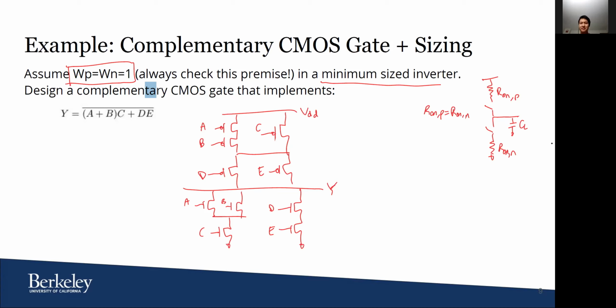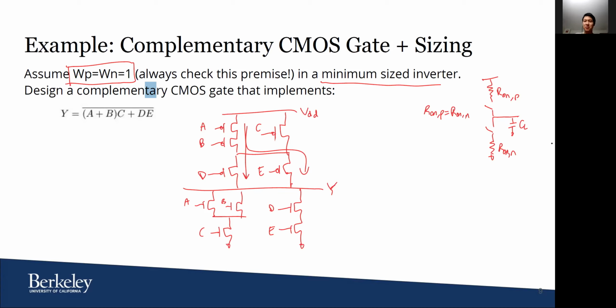ABD or ABE. Yeah, that's right. So it'd be this path or this path. Those are the two critical ones. So how would we size those transistors to have the same equivalent resistance as a unit size inverter?